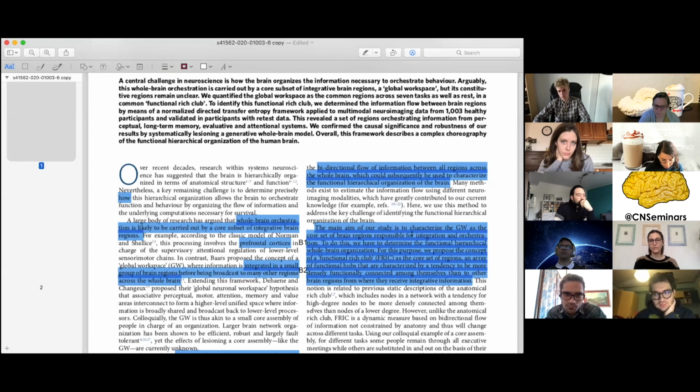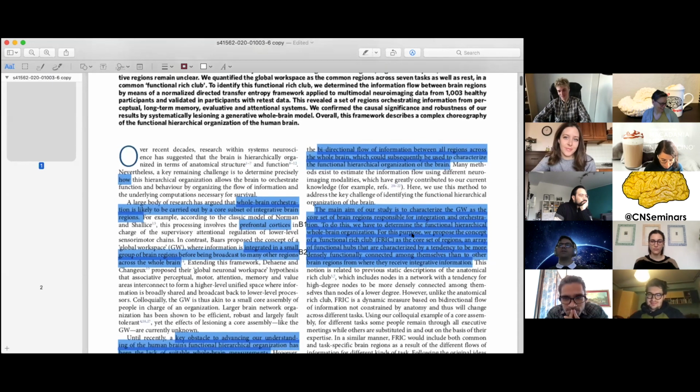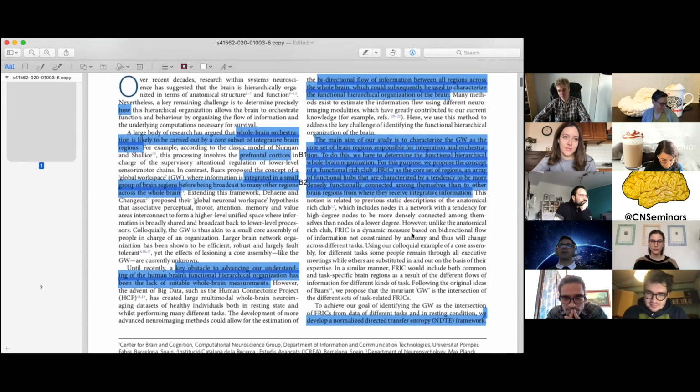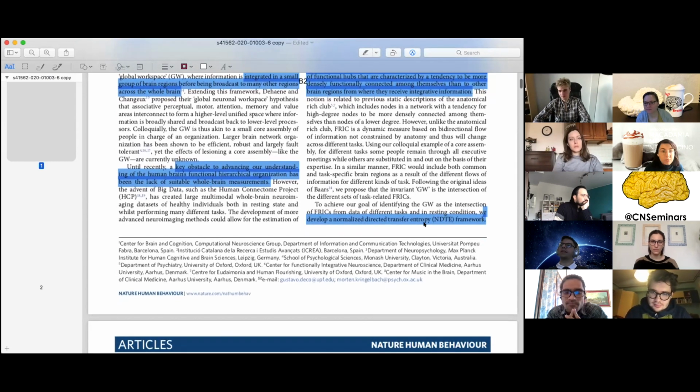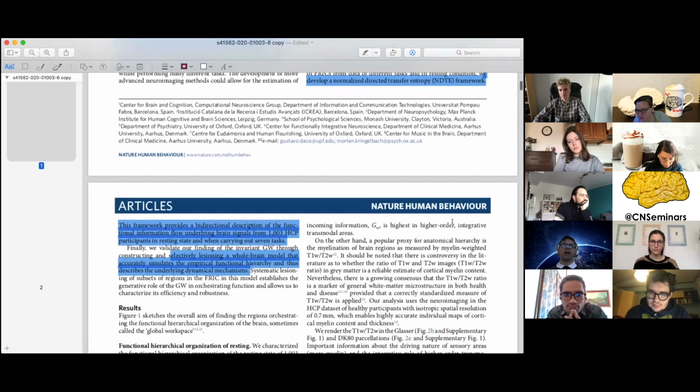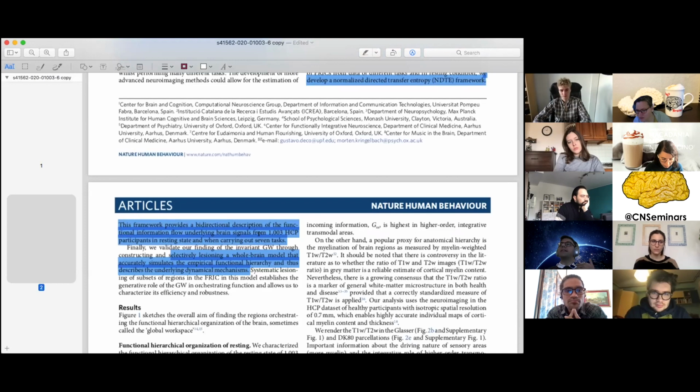They measure this by a new statistical approach that measures the interaction between different brain regions, which they call the functional rich club, the FRIC. It literally means money in French, so I found this very funny. They use an information theory approach, which is a directed transfer entropy framework, that allows them to assess bidirectionally how the information goes in the brain.